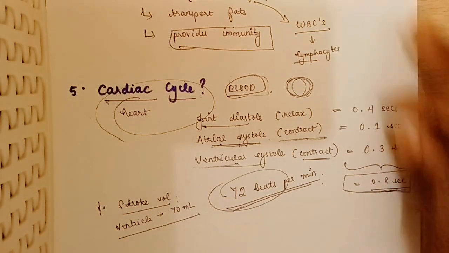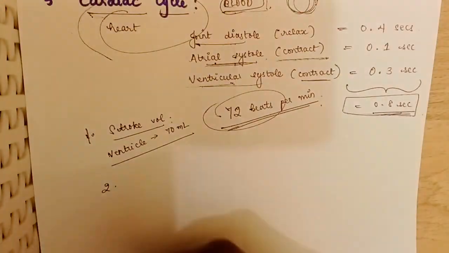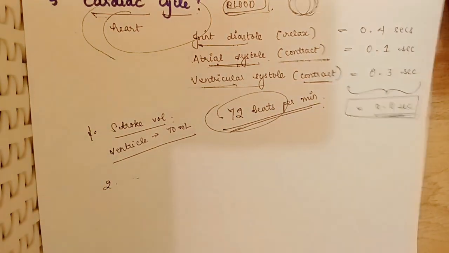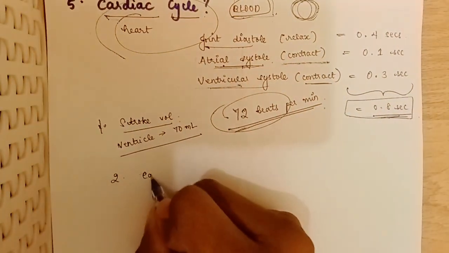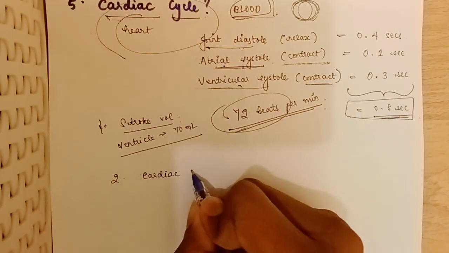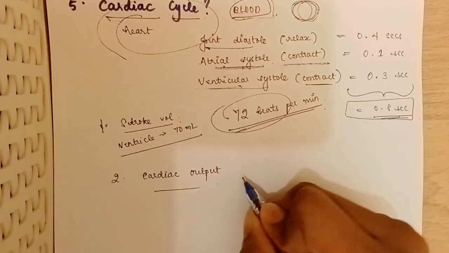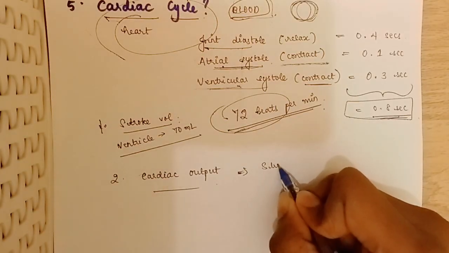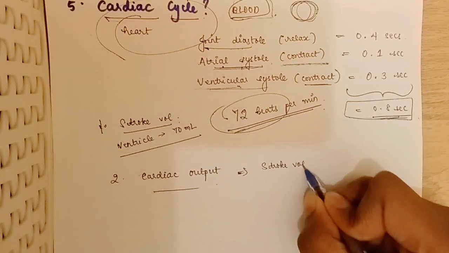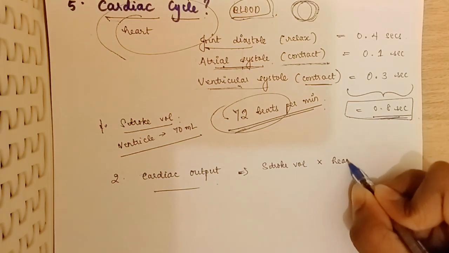The second thing that you need to know is cardiac output. What is cardiac output? The formula is stroke volume times heartbeat.